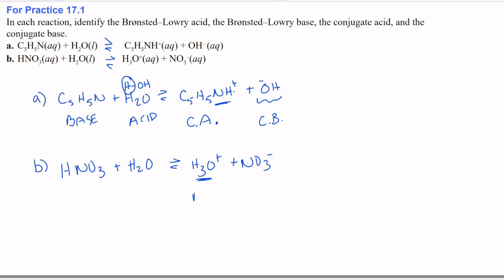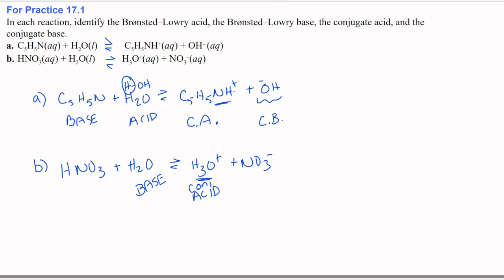The water became an acid, and so the water is acting as a base. And what is the hydronium now? It's the conjugate acid. It's the conjugate acid of water acting as a base.